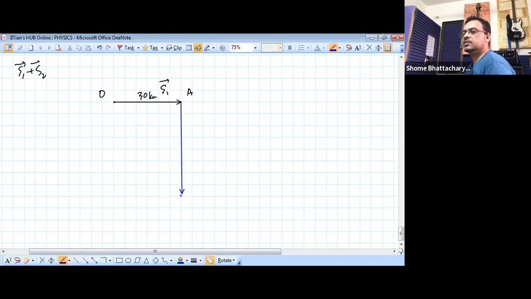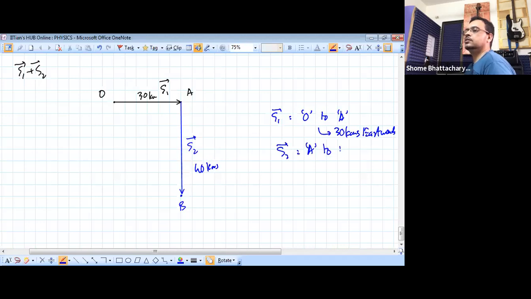So I am reaching, let's say, this final point B after making a displacement S2, which is 40 kilometers towards the south. You can see my diagram represents this. It represents S1, which is O to P, that is 30 kilometers eastwards. And then S2 represents from the point A to B, which is a displacement of 40 kilometers to south.